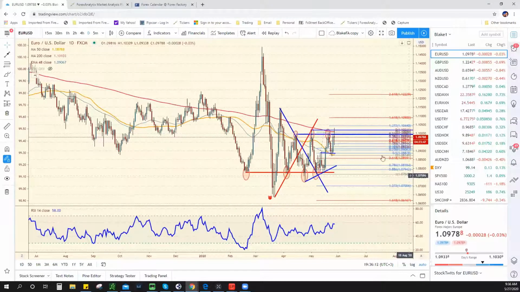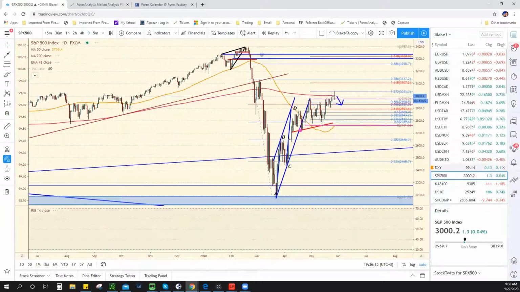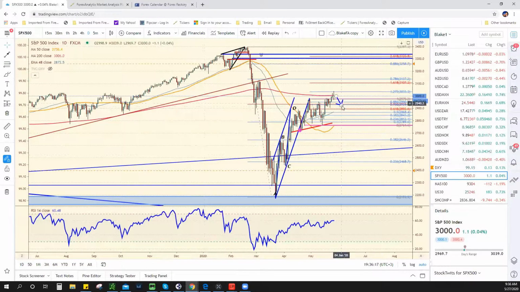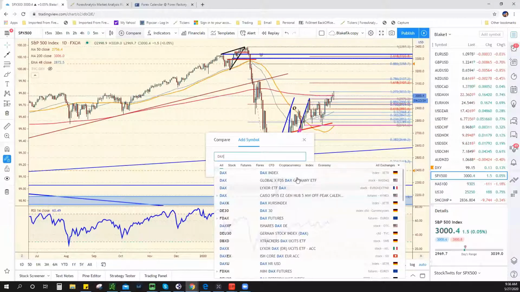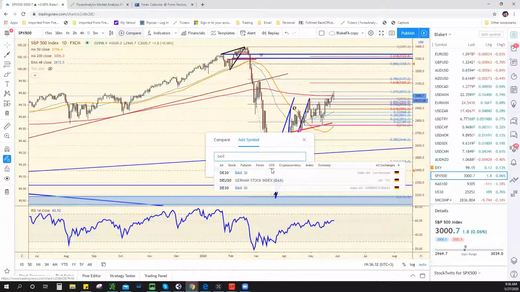By the way, here's the S&P, and let me get rid of this really quick. I think that was from earlier this morning. Let me compare that to the German DAX. Let's do CFD, might be easier.